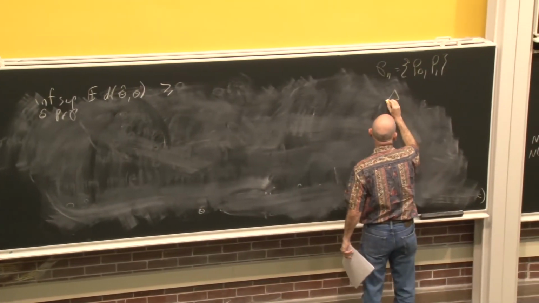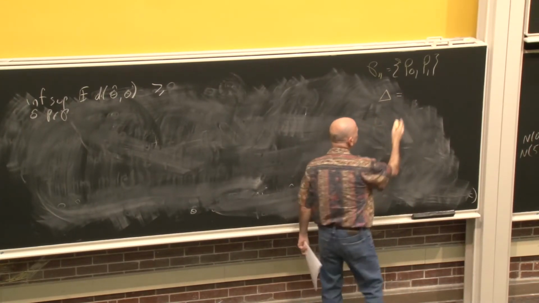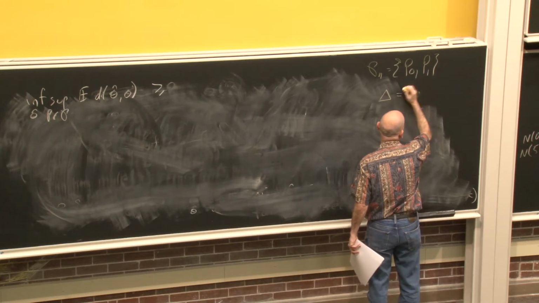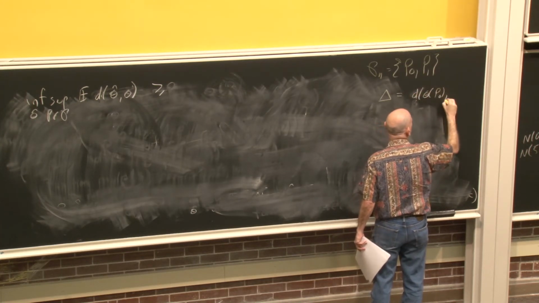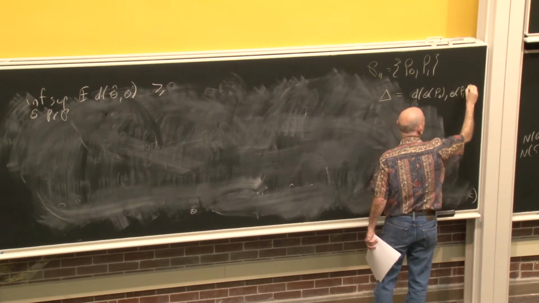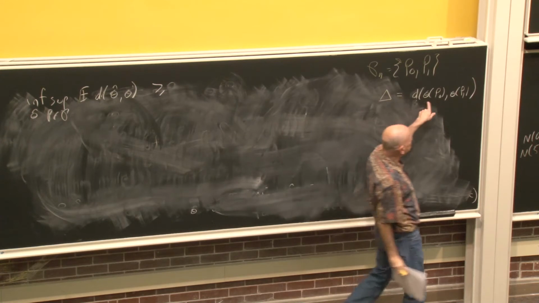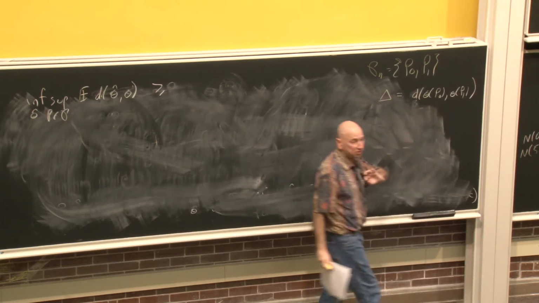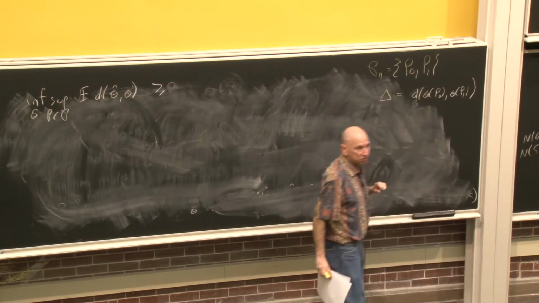For some reason I started calling it delta in here. This is just inconsistency in my notes. I apologize for that. Delta is the same as S. It's the distance between theta of P0 and theta of P1. Again, this could be anything. This could be a density function, in which case this is some distance between density functions. It could be a parameter. It might just be the Euclidean distance between the parameters, whatever.